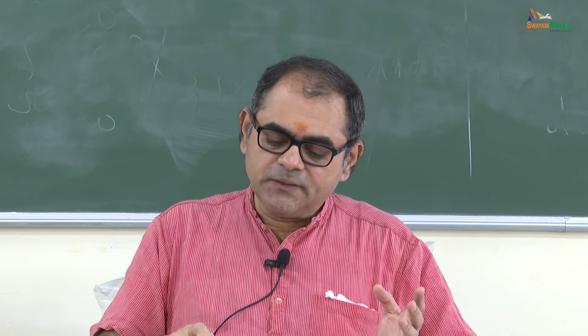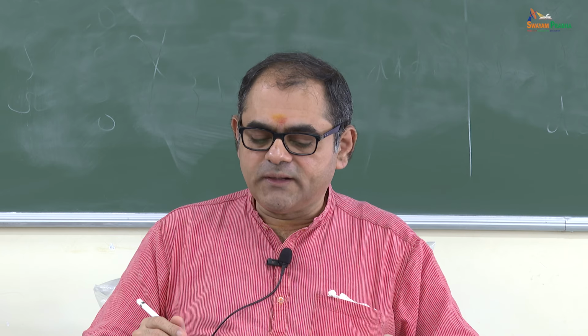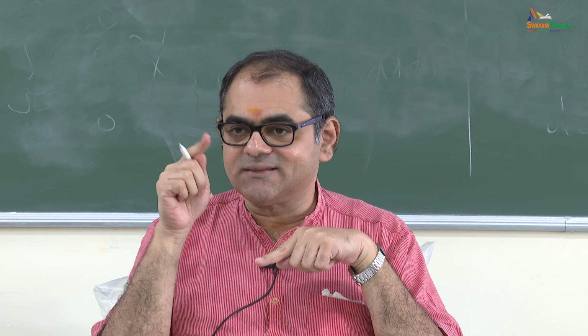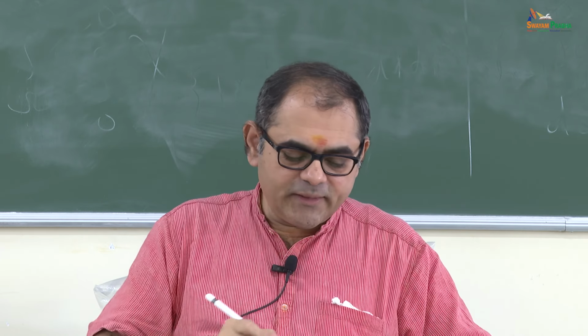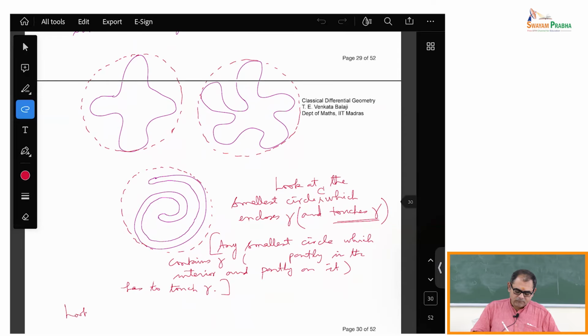All right. Now what we want to really look at is these points where the circle touches gamma. So let me write this: look at C intersection gamma. This is very, very important.